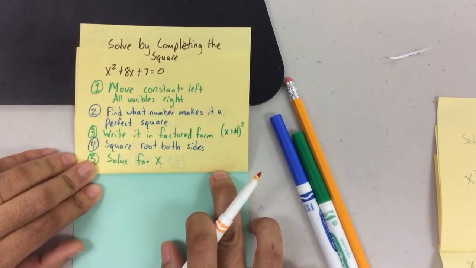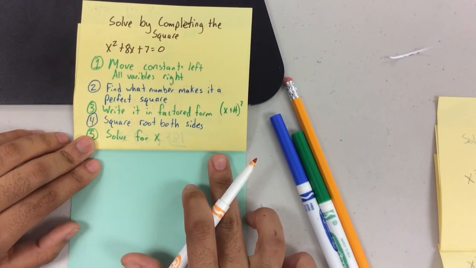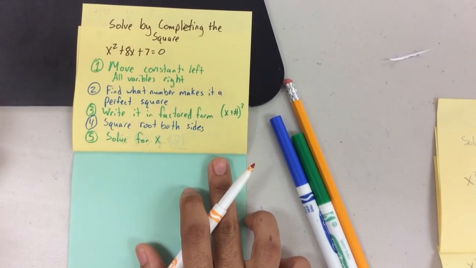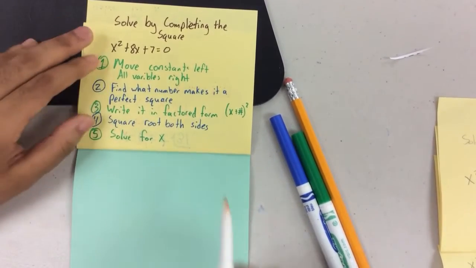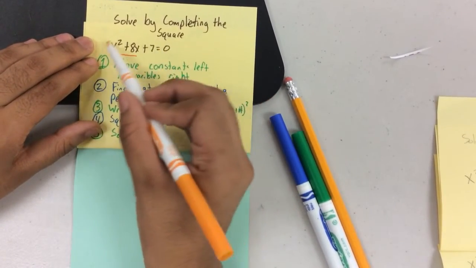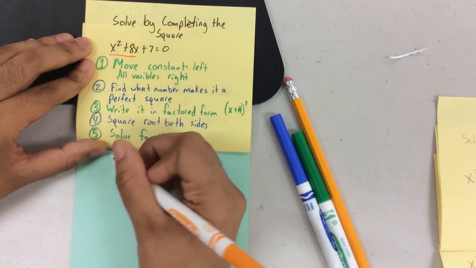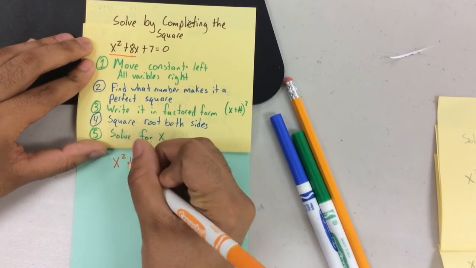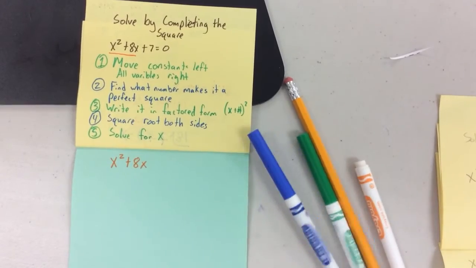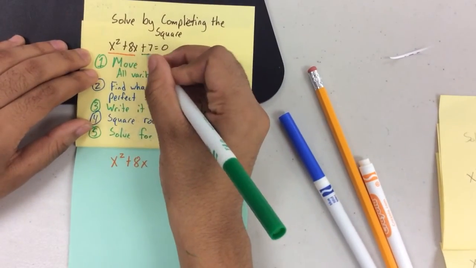So the first step we're going to do is make sure the variables are on the right, the constant is on the left. So here are my two variables. They are already on the right side of the equation, so they're going to stay. This plus 7 here, that's the constant.